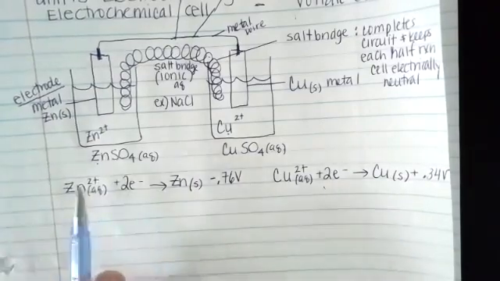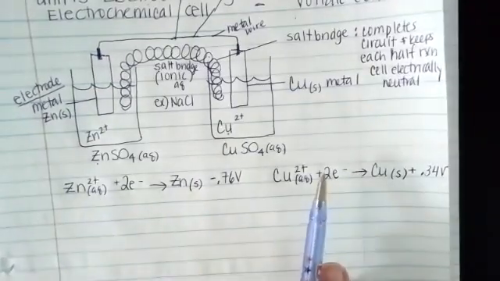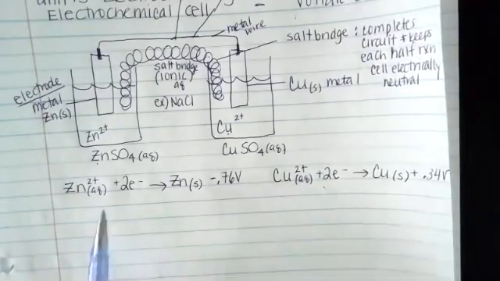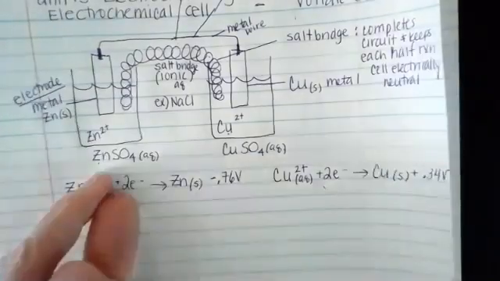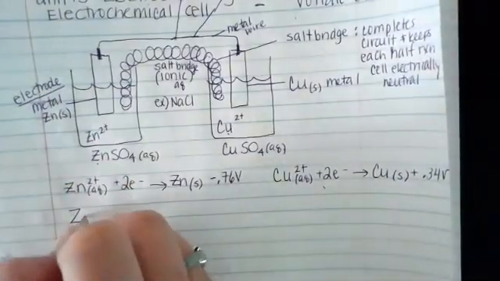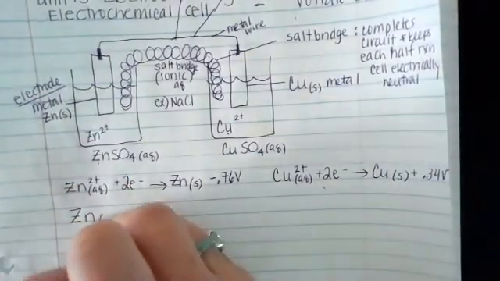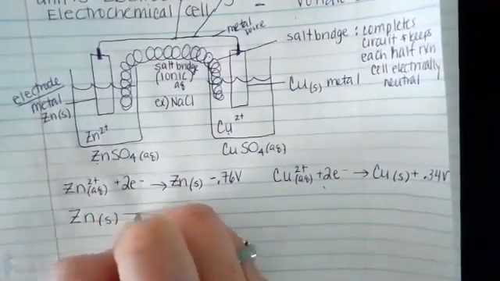So when you're looking at the chart, zinc is more negative than copper. So we are going to take zinc and flip the reaction and write it as an oxidation reaction. So it's going to look like this.